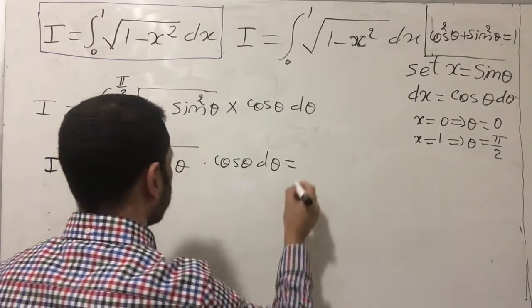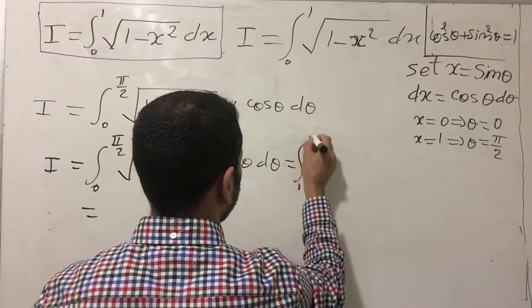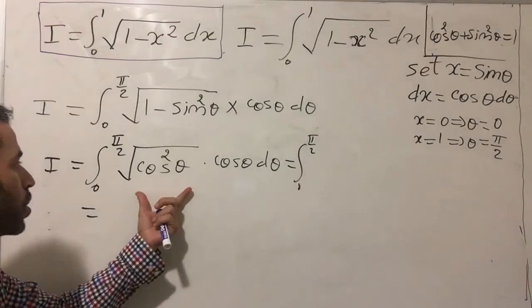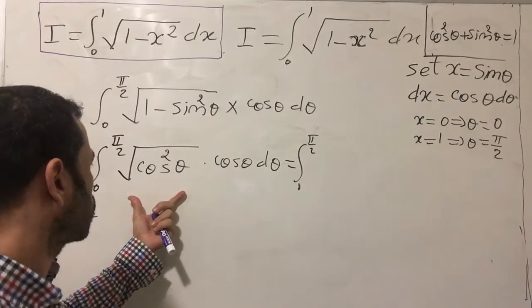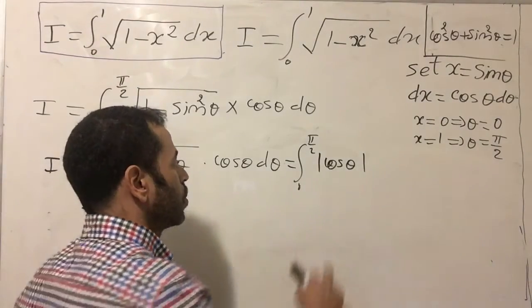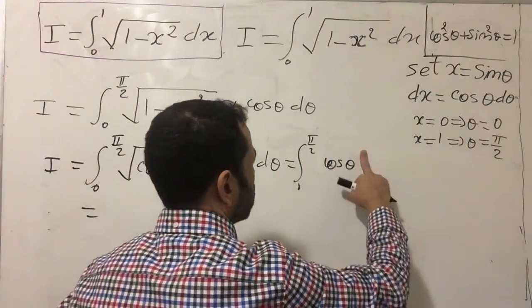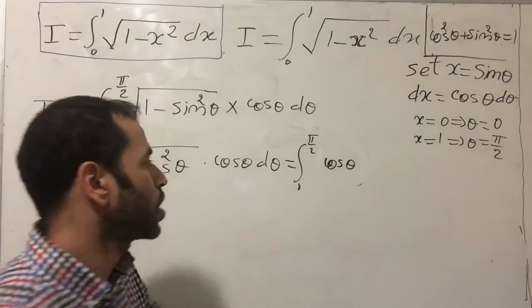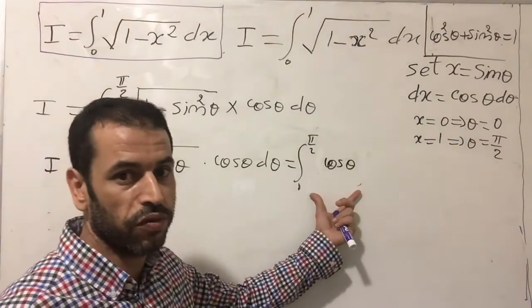Now I'm going to take the cosine theta out of this square root. When we take off the absolute value, we put the positive sign, because we know cosine theta from 0 to pi over 2 is positive.